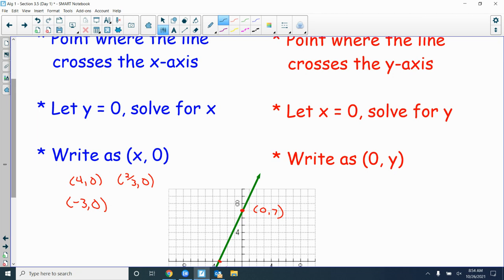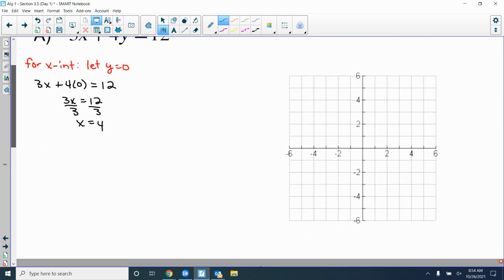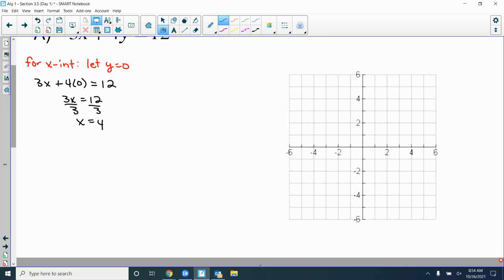X comma 0. So I want to write it as a point. Don't just leave it as 4. Make it 4 comma 0. Go over to your graph, and you got to know that's on the x-axis. So put a dot right there. 4 comma 0. Stop. Okay, now for the y-intercept.